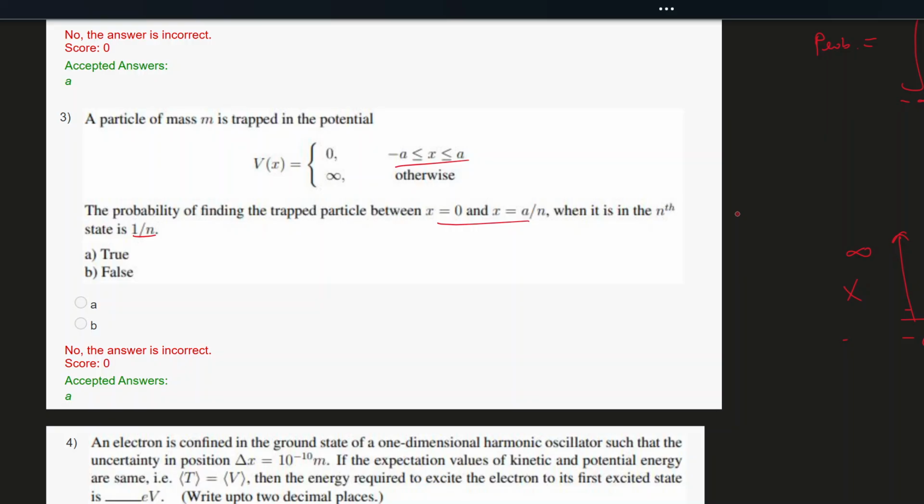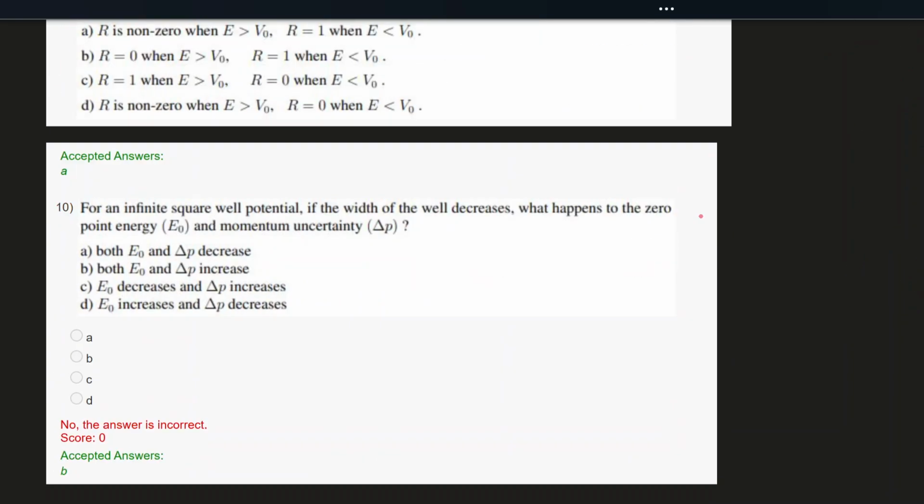And you have to find the probability, not the probability density. In the last case I told you that the probability density is psi whole mod squared, but probability is the integral over that, because that is the total summation of all probability densities over the entire length, as it is a one dimensional case. So that is what we are going to do right now.